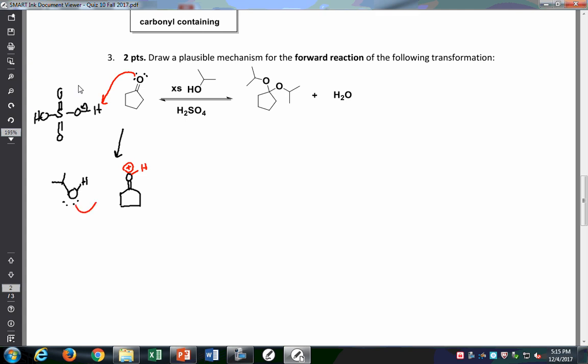So it's going to attack the carbonyl carbon, pushing the electrons onto the oxygen. You can think about your oxygen as a leaving group, even though it's not leaving; it's taking the electrons to be neutral, so that makes sense.